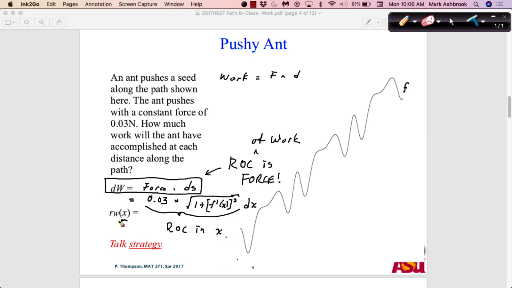So r sub w of x is force times that, which is still force. It's just force, rate of change of force with respect to the horizontal quantity x rather than with respect to arc length, ds. Does that make sense? So this is also dy equals m dx. So the m is this whole thing. It's the force along the path converted to force in the horizontal direction by the square root. Does that make sense?